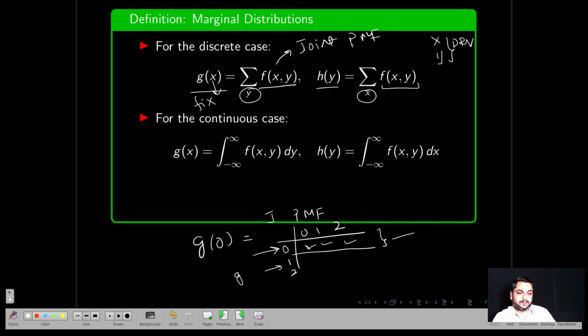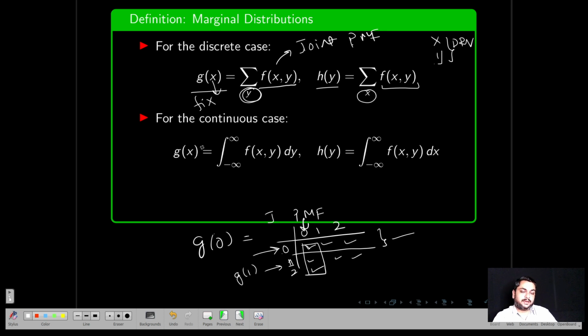Similarly for g(1), fix this row and add all the values in the columns, that is the sum over y. Similarly, if I want h(y), fix y and then sum over these values in columns, that is the sum over all the x values. That gives you the marginal distribution.